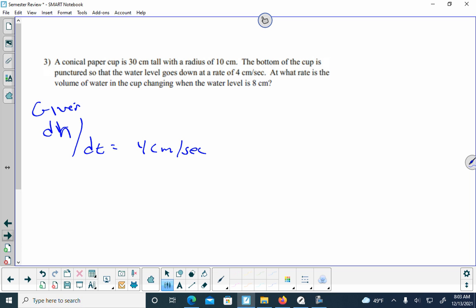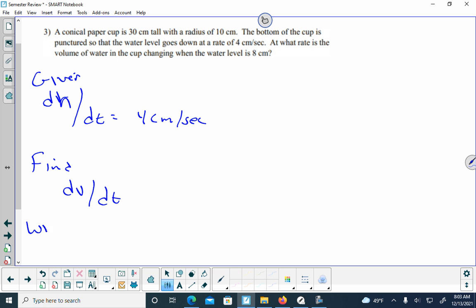At what rate is the volume of the water in the cup changing? So I'm trying to find the change in volume with respect to time when the water level h is 8 centimeters.